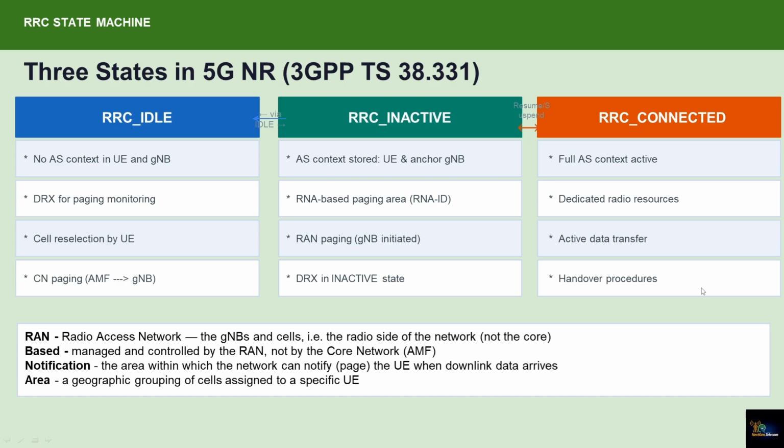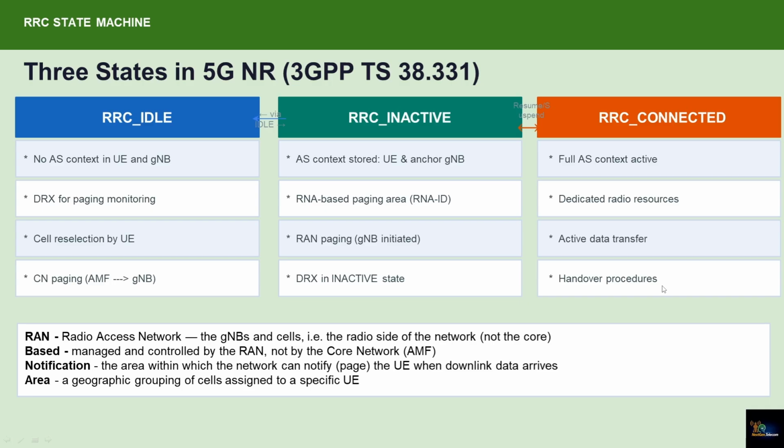RNA means RAN-based notification area. It is a designated geographical zone assigned to a device, meaning a mobile phone, by the local cell tower, the gNodeB, especially when the device is placed into the RRC Inactive state only.